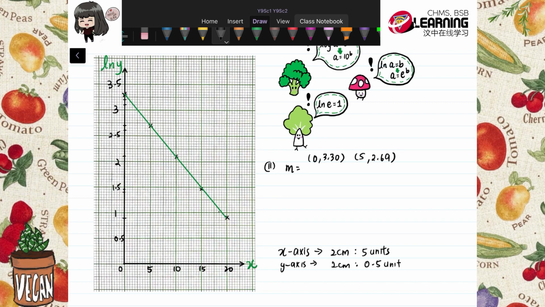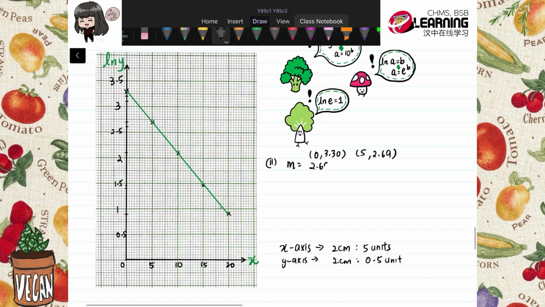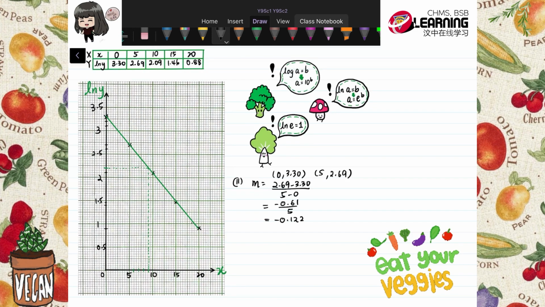So 2.69 minus 3.30 over 5 minus 0, and then I press calculator, goes to negative 0.122. Right, so C is already here, which is 3.3.